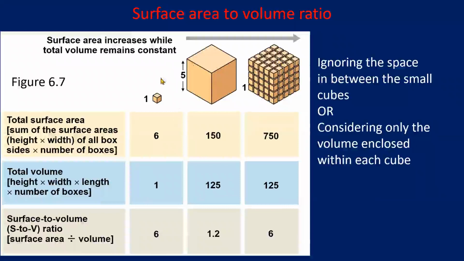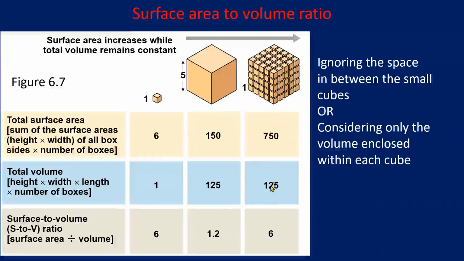When you consider these three cubes and calculate the surface area, for the first one with unit length, the surface area would be 6. For the second one, which has a length of 5 units, the surface area is 150. And for the third one, there are 125 cubes with unit length, and hence the total surface area for this instance will be 750.